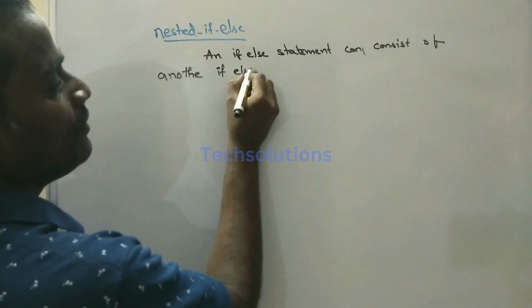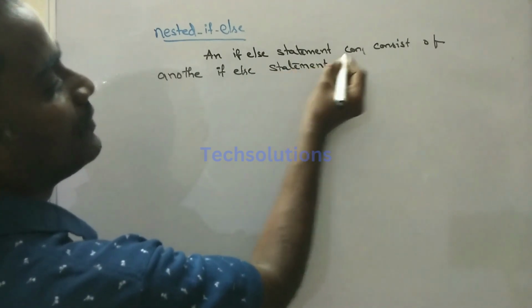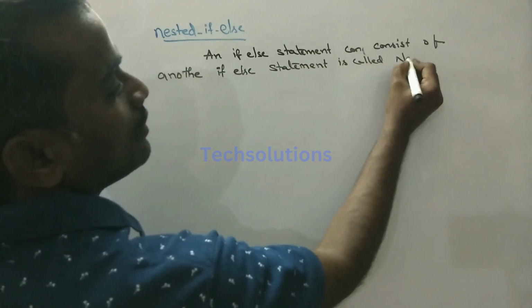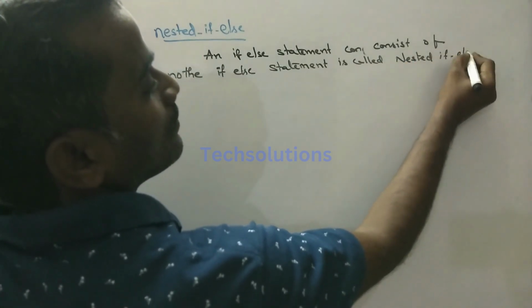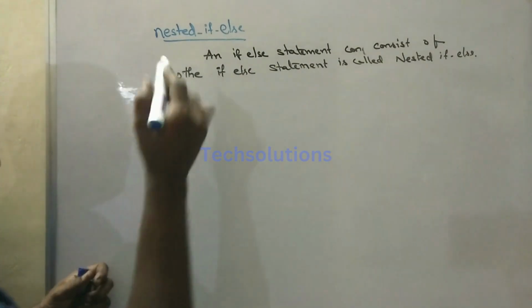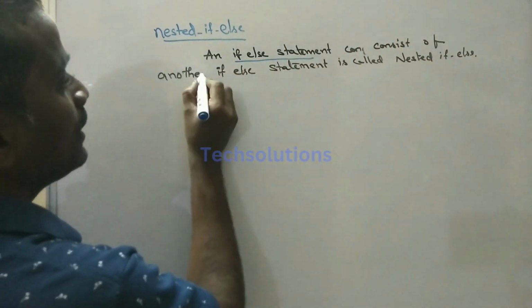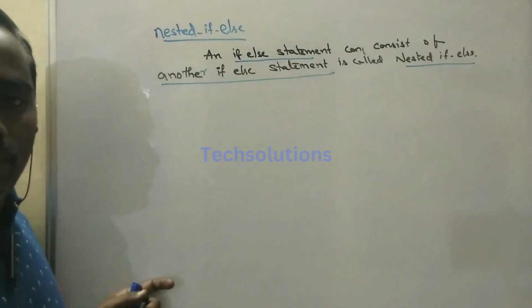Another if else statement is called nested if else. See, what is the definition of nested if else? If an if else statement can consist of another if else statement, it is called a nested if else.